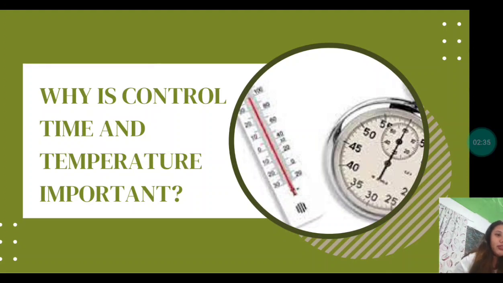So mas importante gyud sa atoa nga atong i-store or i-preserve ang food nato para makahibaw ta nga ang atong gi-intake every day is safe. So that is the importance of time and temperature.